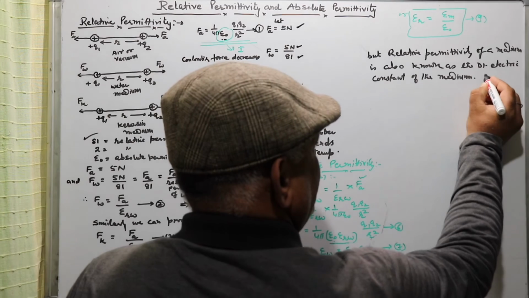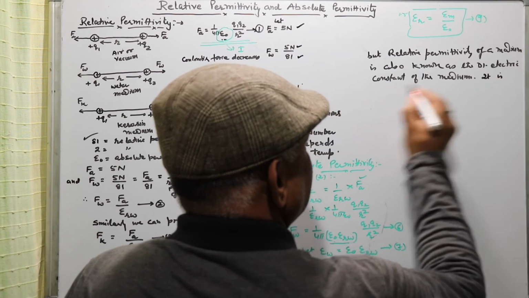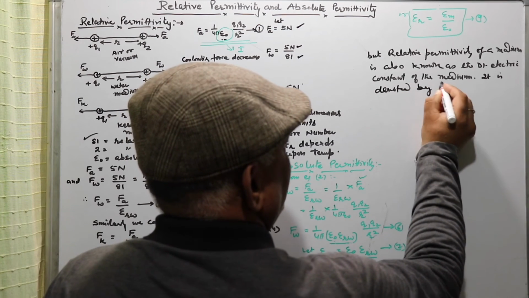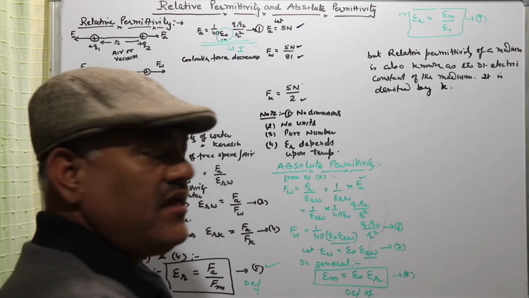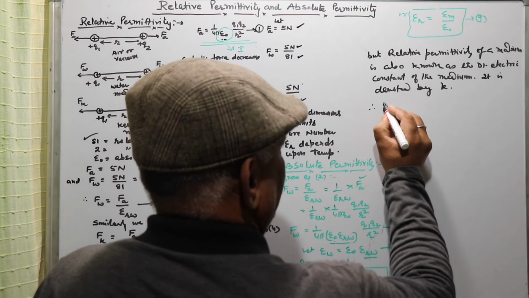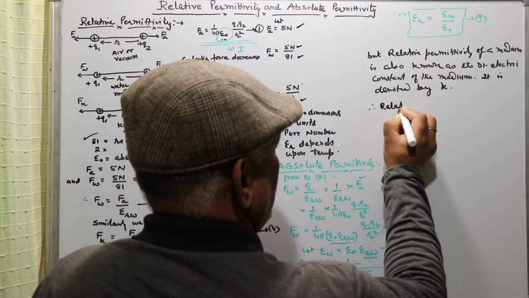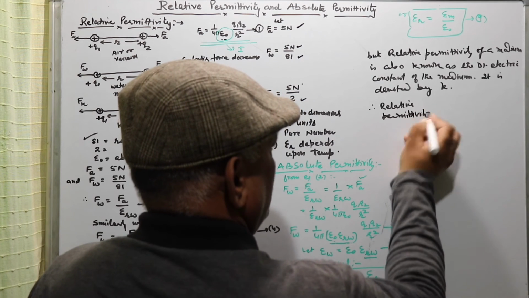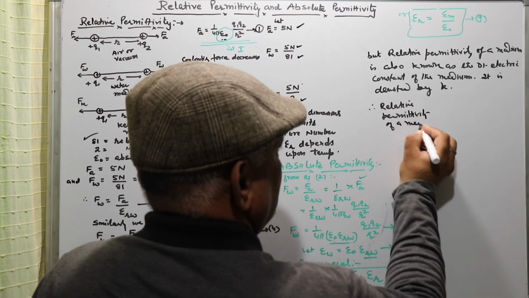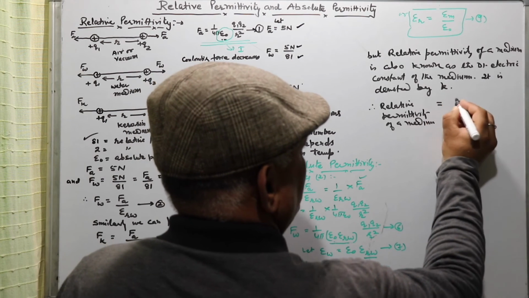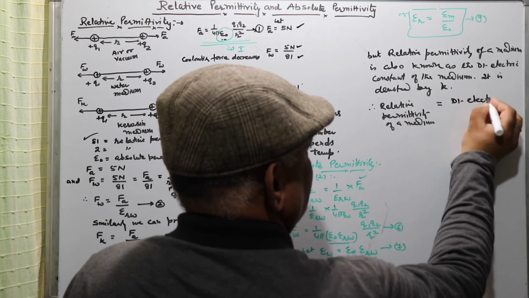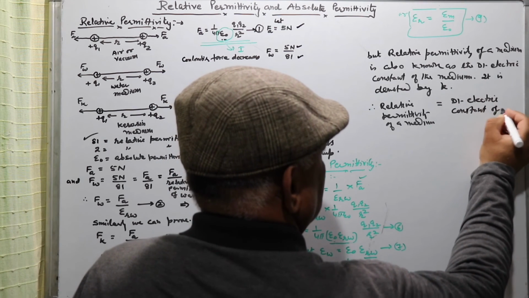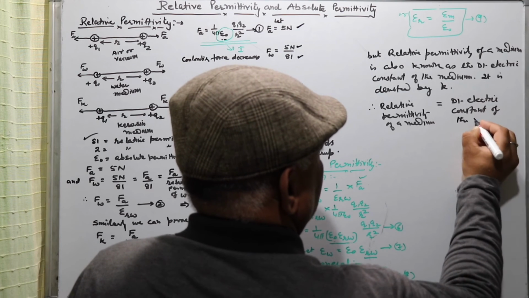And this dielectric constant, it is denoted by K. Therefore, relative permittivity of a medium is equal to dielectric constant of the medium.